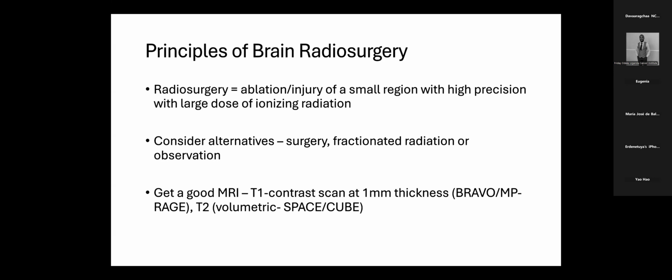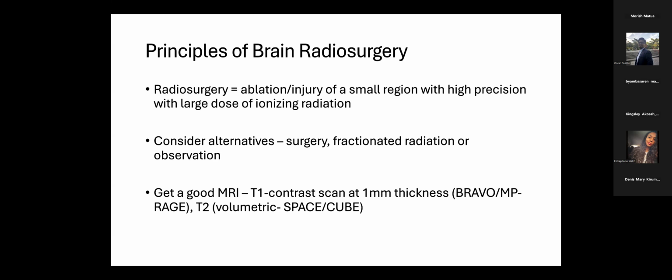I think the number one place where we can mess up is if we don't have a good MRI. A good MRI is very important for evaluating the patient, and it's very important for planning the treatment as well.